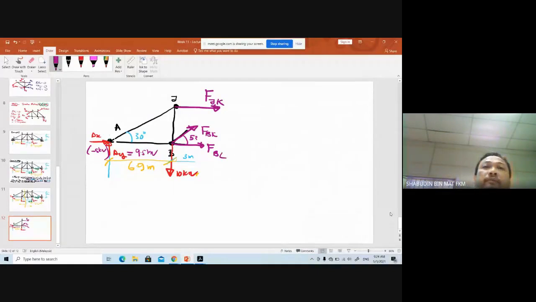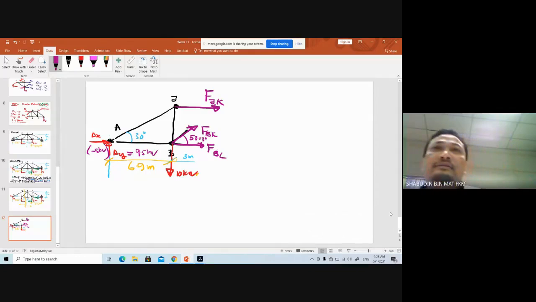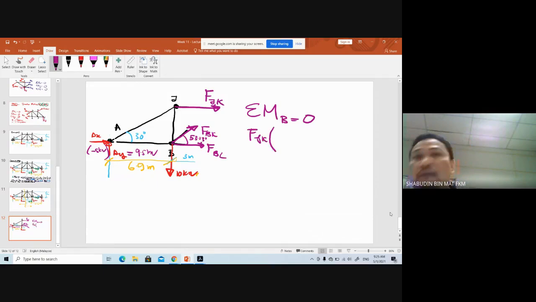53.13. Then where is the best point to take the moment? B. The point that we have two unknowns. Yes. So resolve all the problem. Summation of moment at point B equal to 0. So you have only FJK multiplied by the distance there, which is 4.